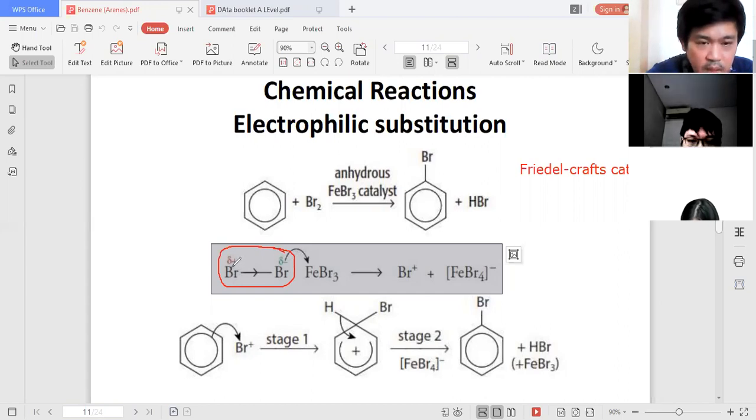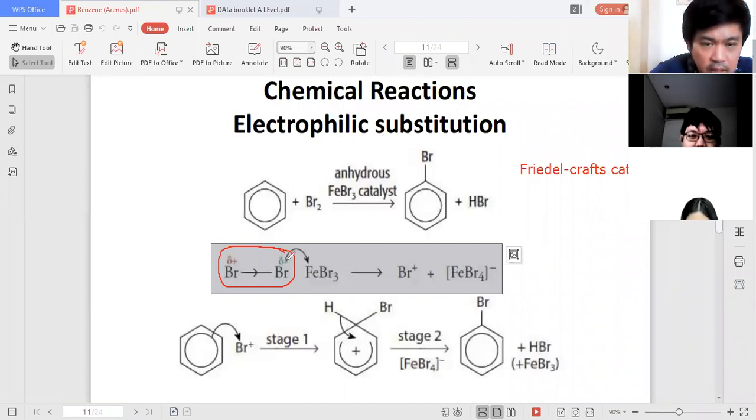We know that bromine is an electronegative element. So one bromine should be giving up its electron, and the other bromine is taking the electron. That makes this Br become negative. The negativity of this Br makes it rich in electrons.